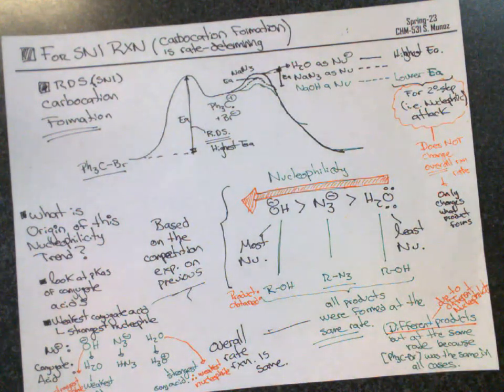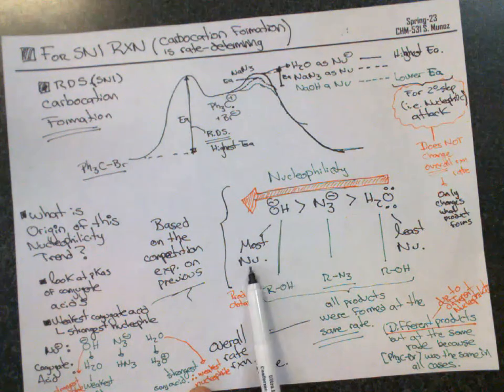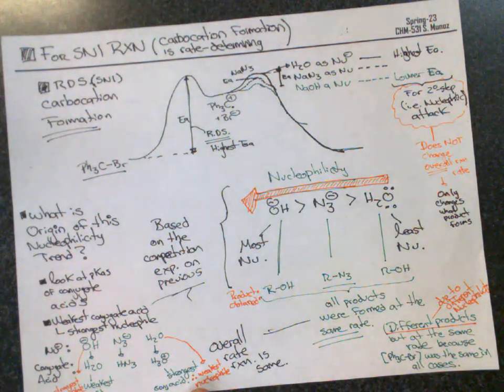Doesn't it make sense? We have two anions being more nucleophilic than neutral water, and in turn N3 minus versus OH minus. If we look at the pKa of the conjugate acid, we can easily conclude that the stronger the base, the better the nucleophile. Okay, perfect. Clear?